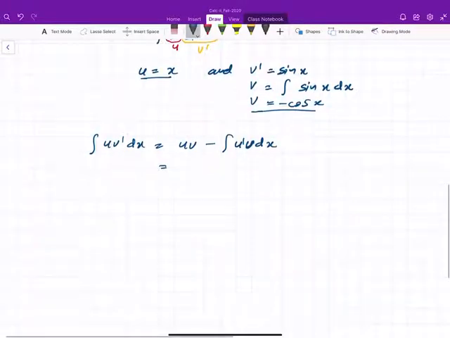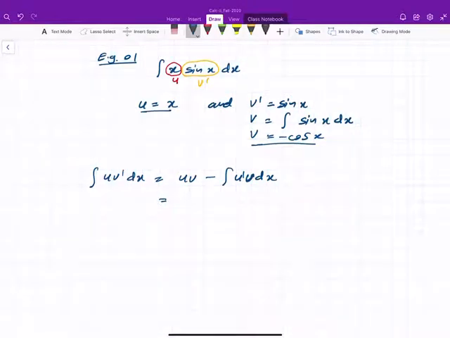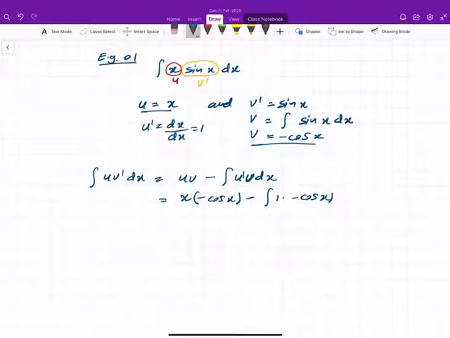Now u is already found, which is x, and then v is minus cosine x, and then minus, you have to find u prime. U prime should be the derivative of x, which is 1, so you put 1 here. Then v is minus cosine x dx. Let me simplify this further.